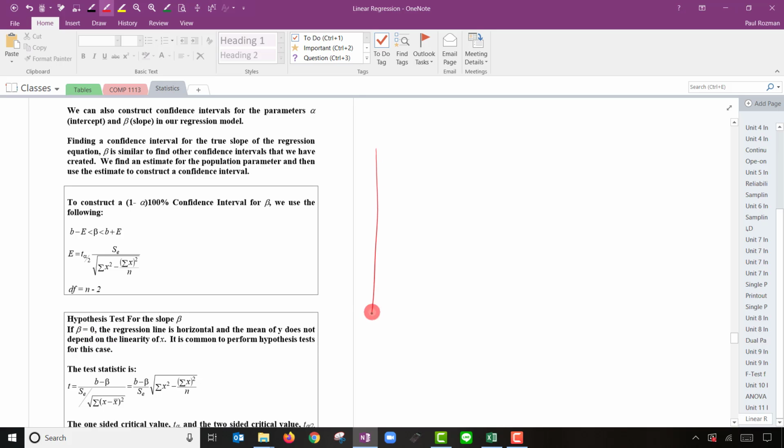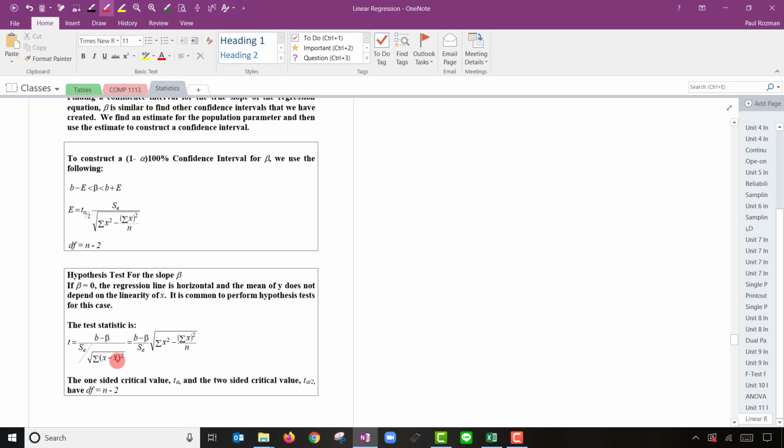If you have a data set and it's random, the slope would ultimately be 0 for the line. So a slope of 0 is a bad indicator. It's hard to make a prediction. So that's the hypothesis test that we evaluate. Basically, is the slope of my line 0 or not?